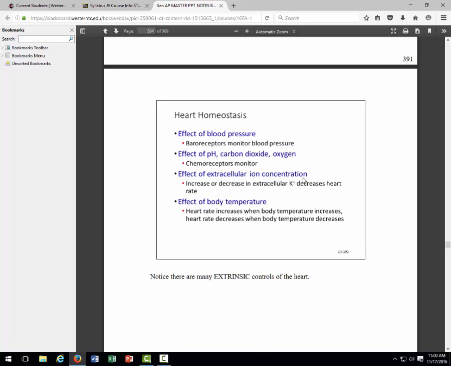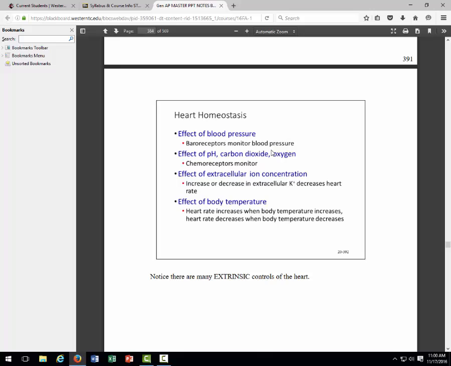So how do we keep our heart healthy? The heart has the ability to kind of monitor things that are happening throughout the body. So if pressures are getting too high, we have pressure receptors in our carotid arteries and in the aorta that will kick in. If pressure is too low, the SA node will fire more rapidly and we're going to increase the heart rate, right?